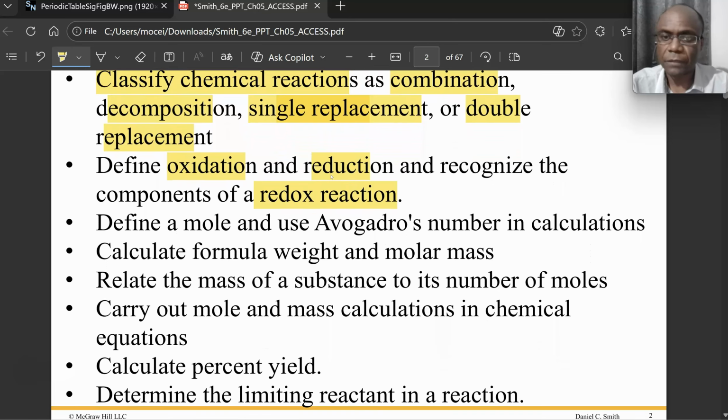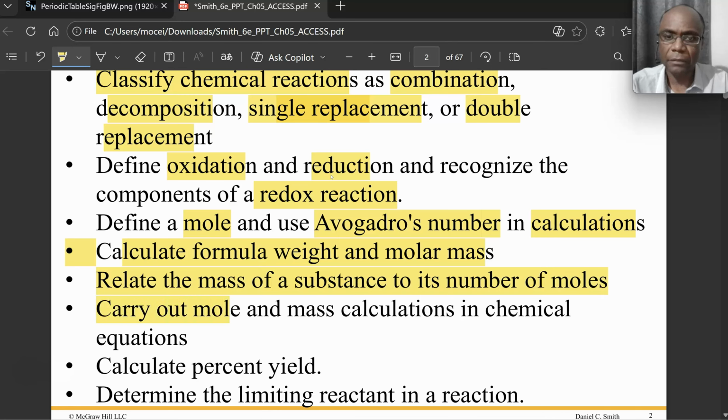Later on, we'll define what a mole is, the unifying factor in calculations and of quantities in chemical reactions, and use Avogadro's number in calculations. The same Avogadro's number will help us to define what a mole is. Then we will calculate the formula weight and molar masses of compounds and relate the mass of a substance to the number of moles and Avogadro's number.